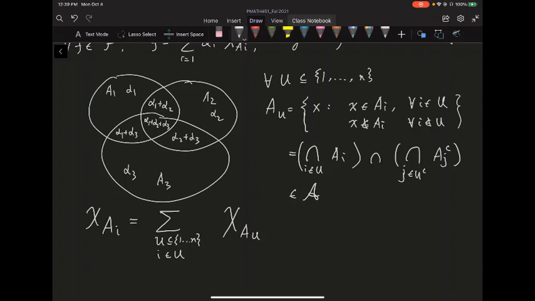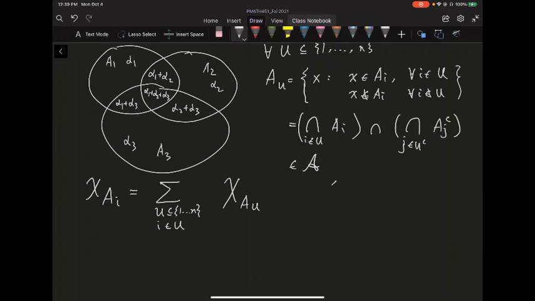So basically you break this chi of A i into a collection of chi of A sub U, and clearly these A sub U, with U contained in 1 to n, are all disjoint.